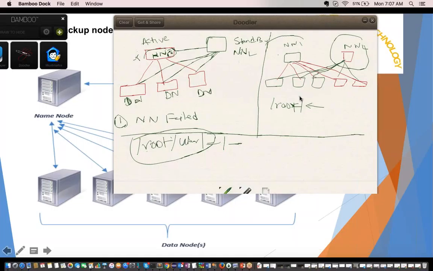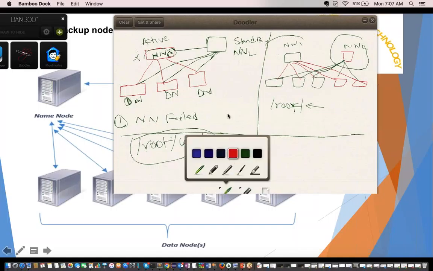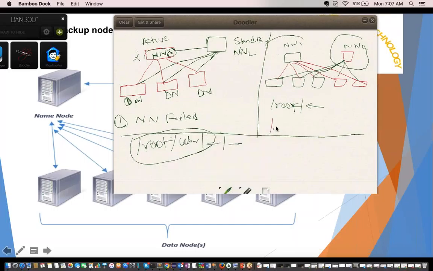In the previous approach, only one name node was controlling the whole namespace in Hadoop, but that was not a solution for the previous problem. I have a huge cluster, and I want to make it highly scalable and highly maintainable. So what they have done is split it like this.